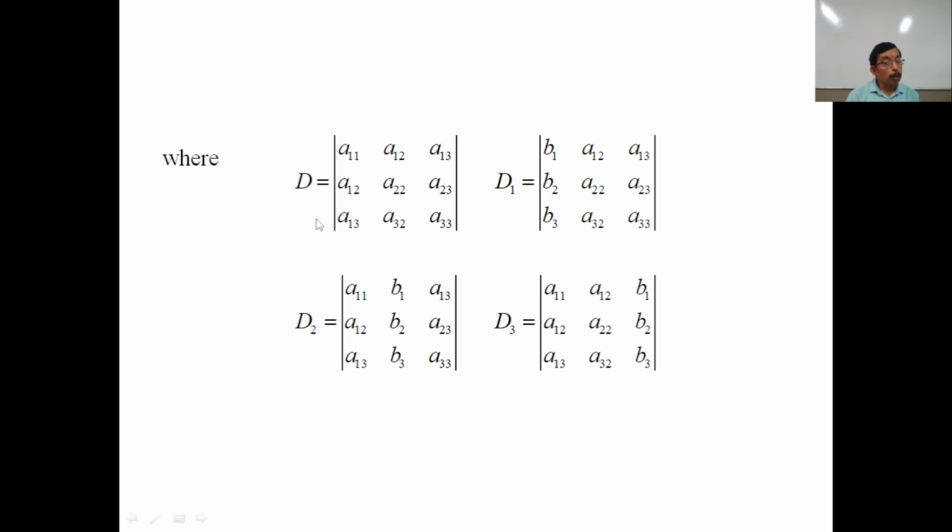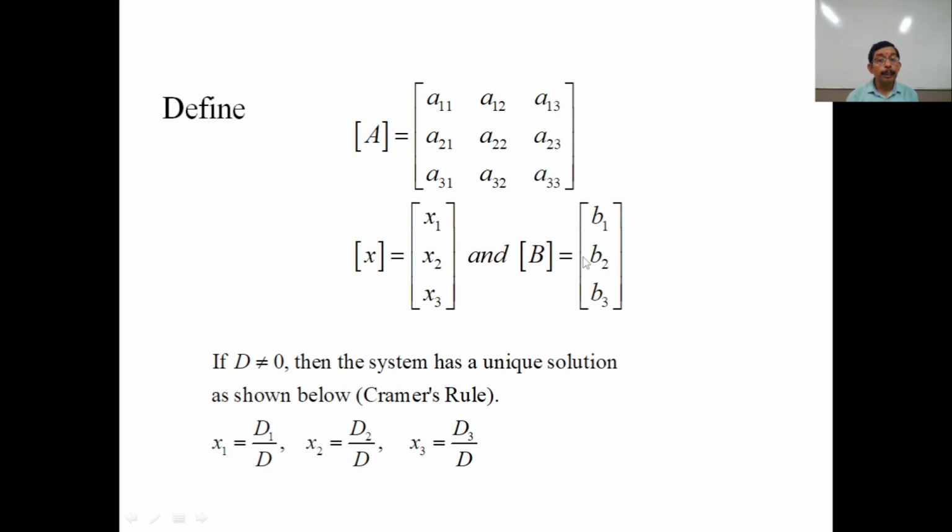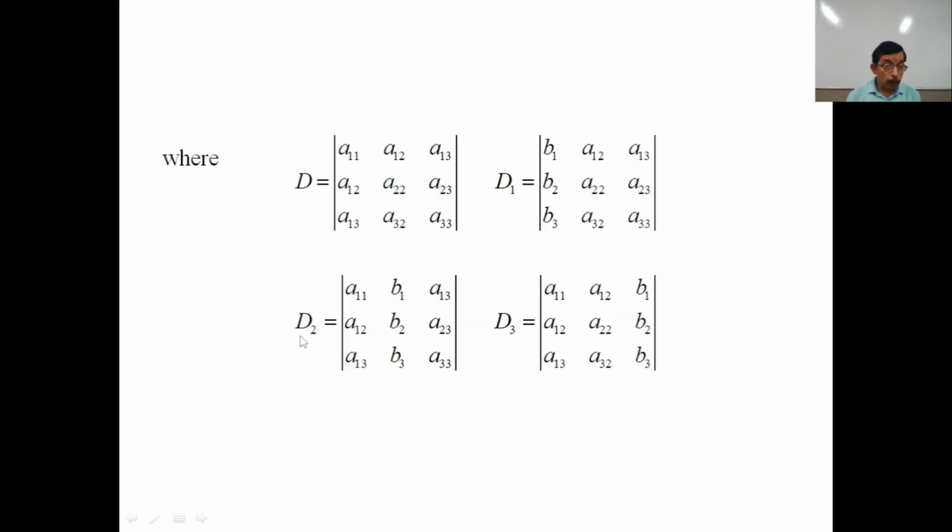D is the determinant of the coefficient matrix. For D1, the first column of the coefficient matrix is replaced by the constant terms b1, b2, b3. Is it clear? D2 is the coefficient matrix with the second column replaced by the constant terms b1, b2, b3, the first and third columns the same. And D3 has the first and second columns the same, and the last column replaced by the constant terms b1, b2, b3. Is it clear, everyone?